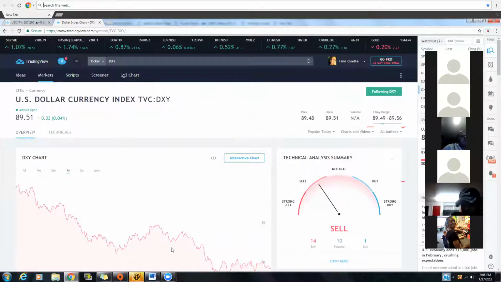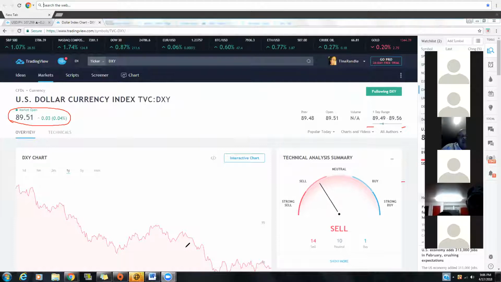The information that you're going to use is right here. That's the only information off of here that we need from these indexes. You don't need to look at the charts unless you're going to trade the dollar itself. But since we're trading the USD versus the JPY, that's the only information you need.